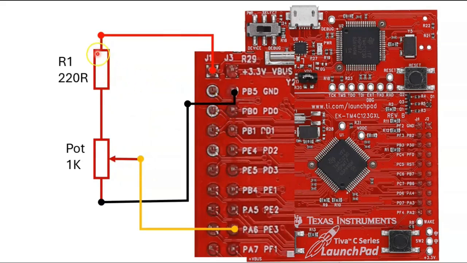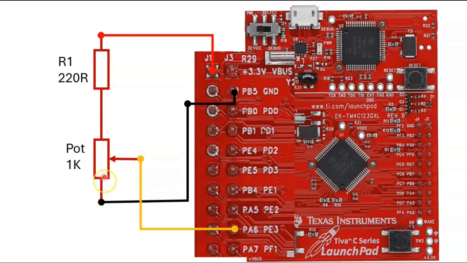So here we have a 220 ohm resistor. One end is connected, which is this red connection here. That's connected to the 3.3 volts pin. And the other end of the 220 ohm resistor is connected to the 1K potentiometer. All right, and the middle terminal of the potentiometer is connected to PE3 of the LaunchPad board.